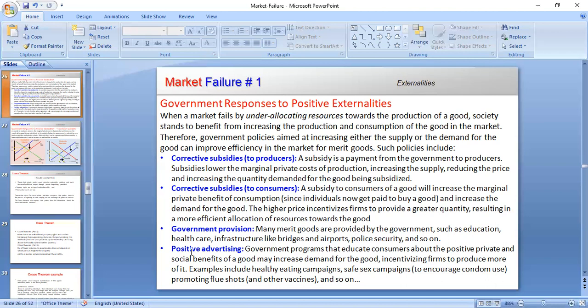Then the government can also do positive advertising, right? For example, it can encourage people to get vaccines, yeah? Positive advertising. By the way, another example of positive externality in consumption, we have seen education, but also another example of positive externalities in consumption is vaccination.